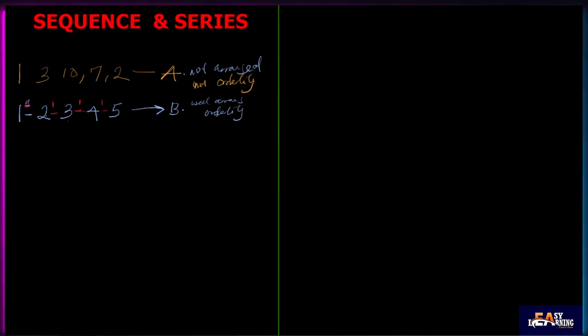So when the numbers appear or are presented one after another in an orderly manner, we call that a sequence. Like this is orderly, the spelling here is orderly, not orderly. That was wrong spelling.